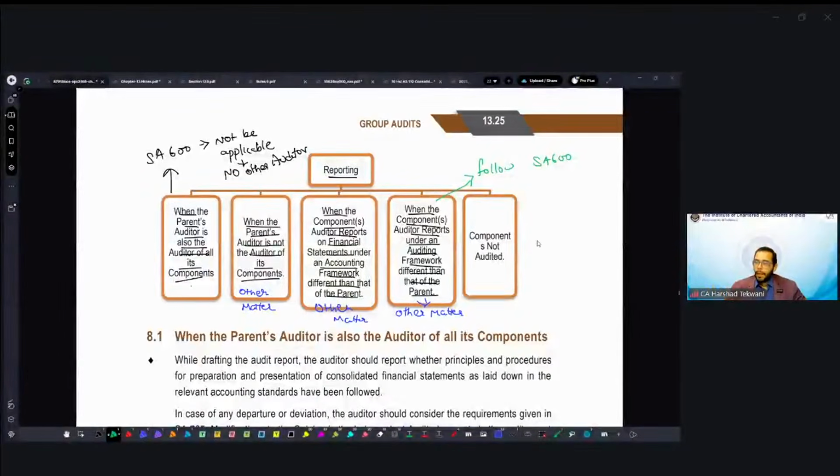Okay. Now the last, component not audited. Very good, Radha. So component not audited, there are two things. One, check whether material or not.